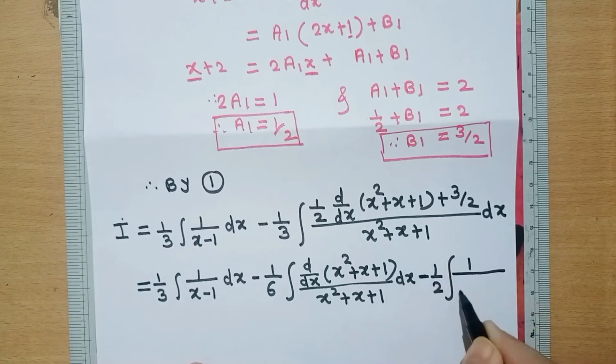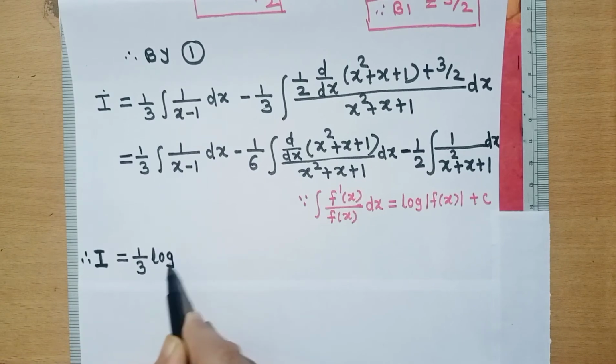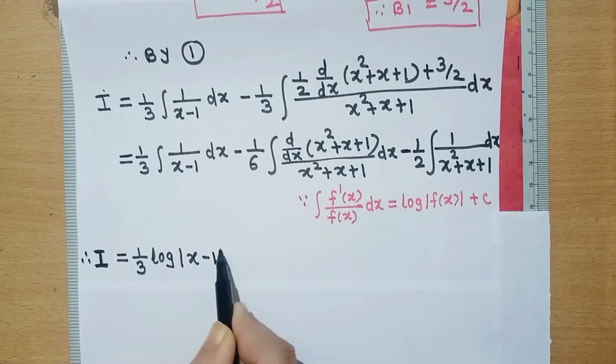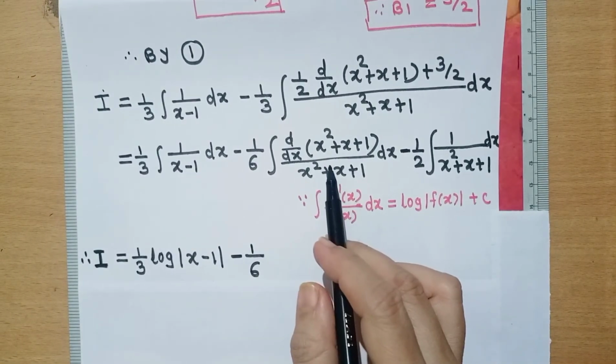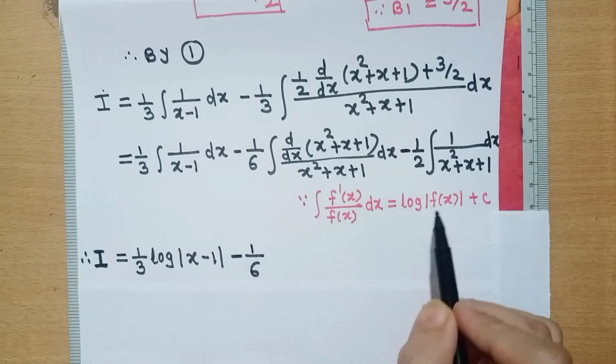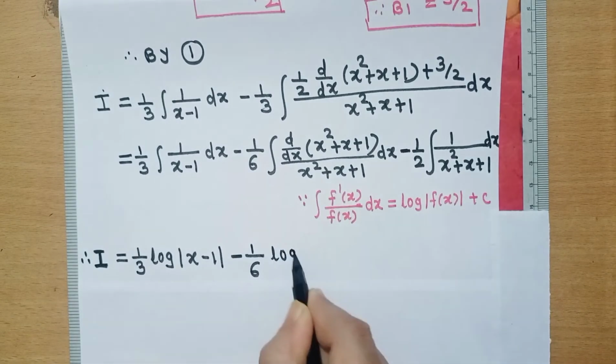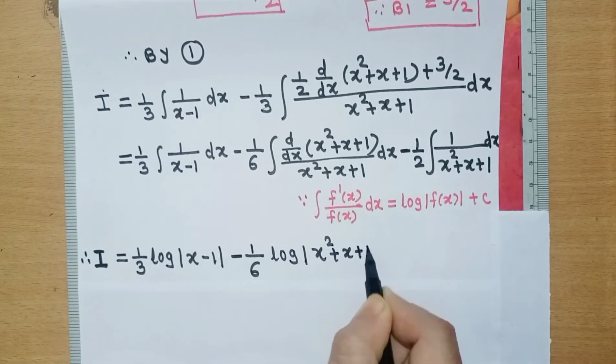Now look, its answer is log of mod of x minus 1, and by this corollary its answer is, check, this is a function, its derivative is present upside, so its answer is log of mod of this x square plus x plus 1.